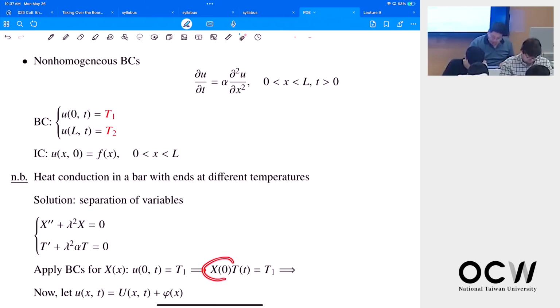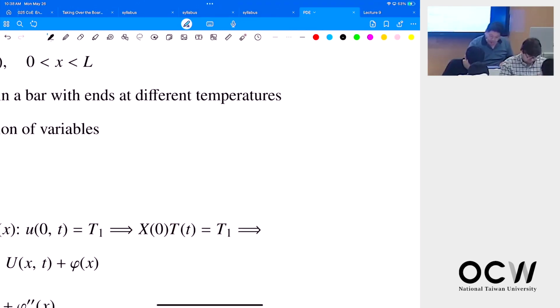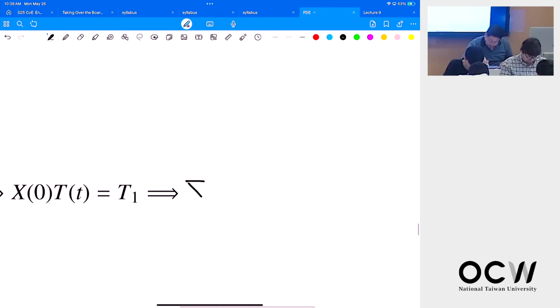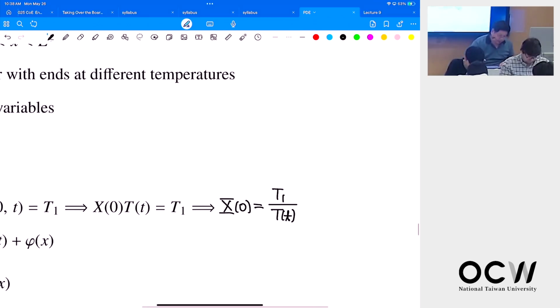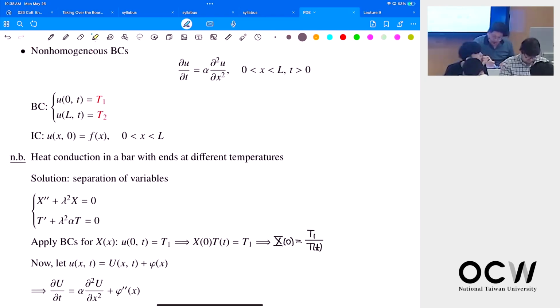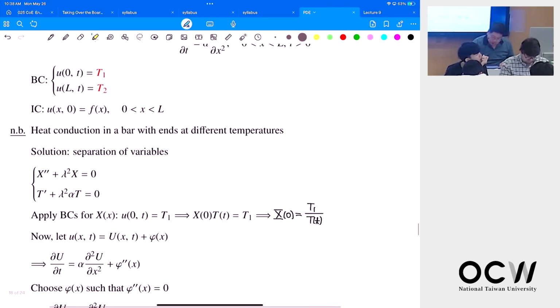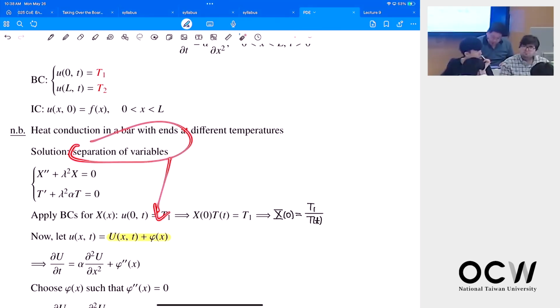Then we can write it down, the X of 0 is T1 divided by the function of t. And again, we have our solution. Instead of u with the separation of variables, we also add one more term, phi of x.